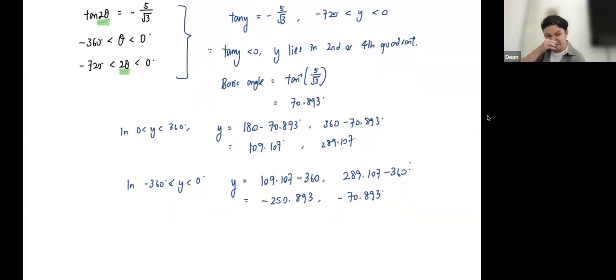Okay, but we're still not done. We still got one more circle after that, so we need to go back one more circle.